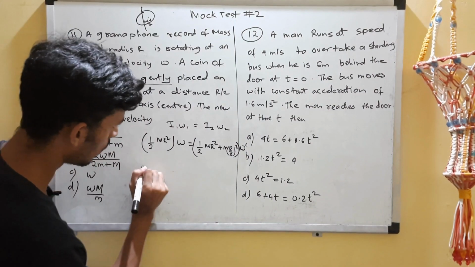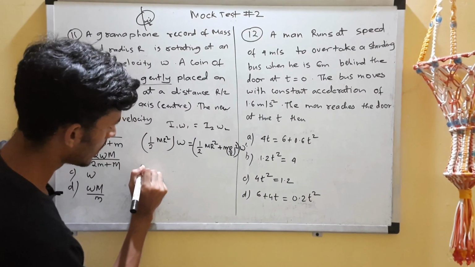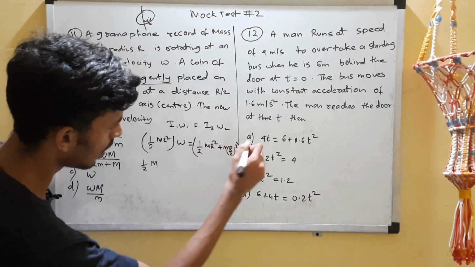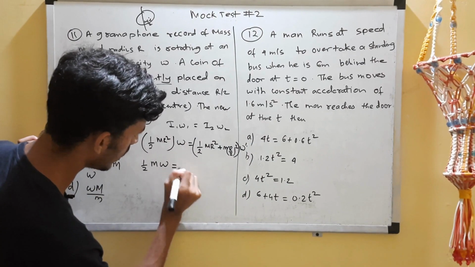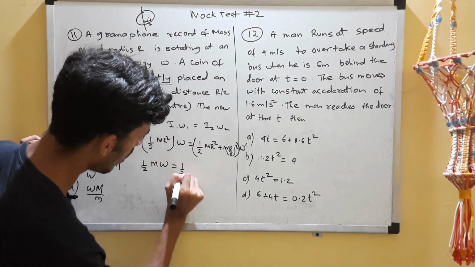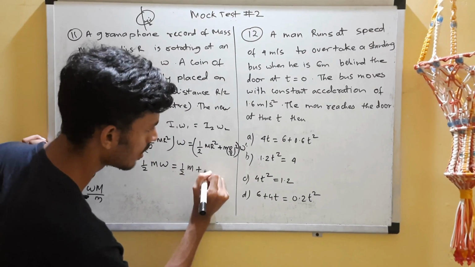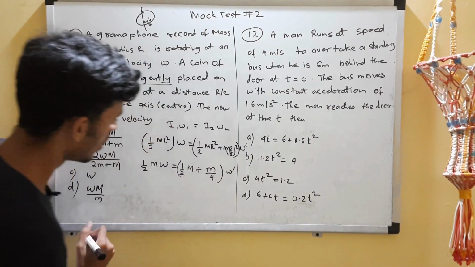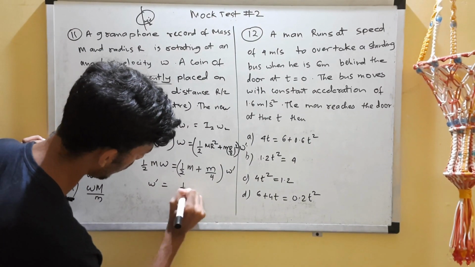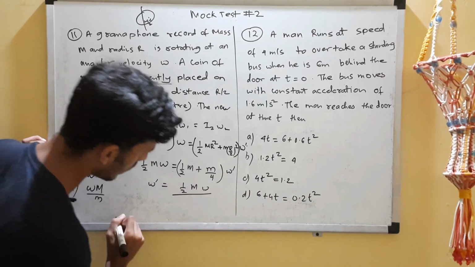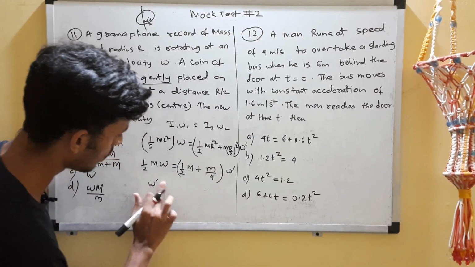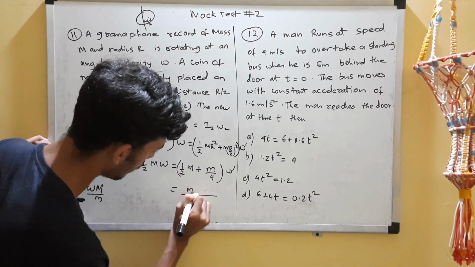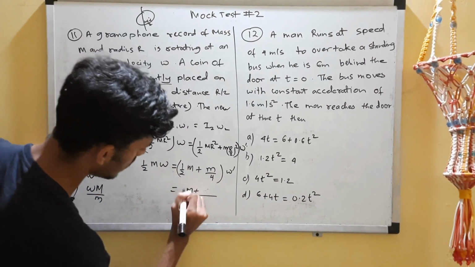So what can cancel first of all? I think r square can get cancelled, so half m r square will cancel throughout. We have omega over here, and we'll have half m plus m by 4, and this into omega dash. So omega dash will be half m omega by... actually I can first take the LCM 4, and this will be m plus 2m plus m.